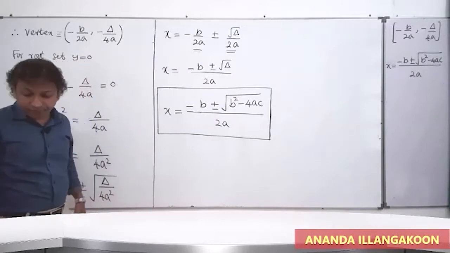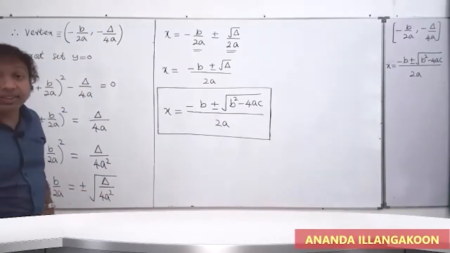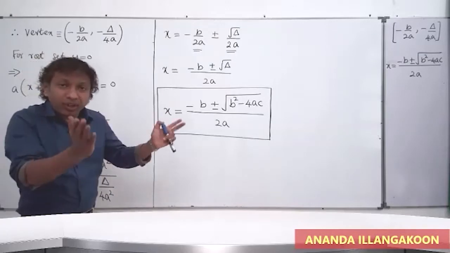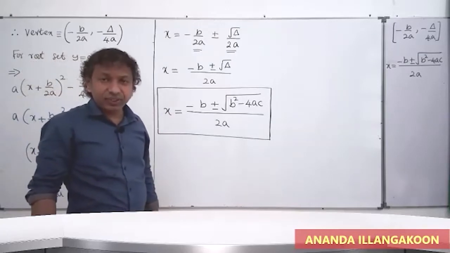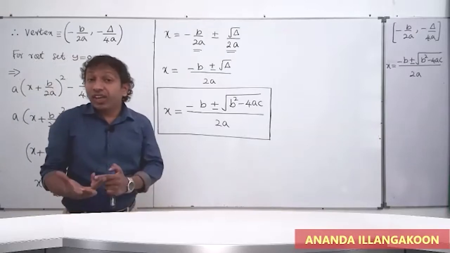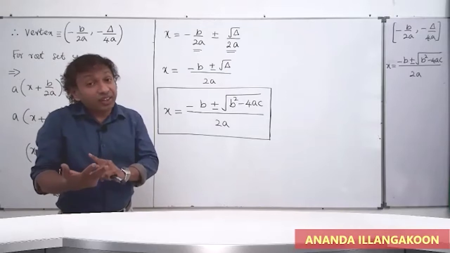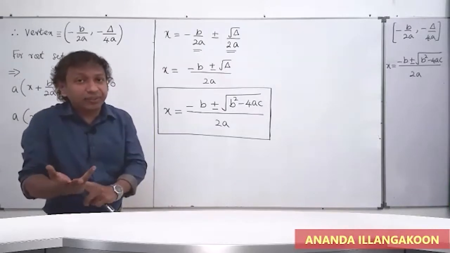Okay, right. Now let's see how to use this knowledge to draw a given quadratic function. So far we have three ways. Firstly, we discussed drawing the graph by using a table.